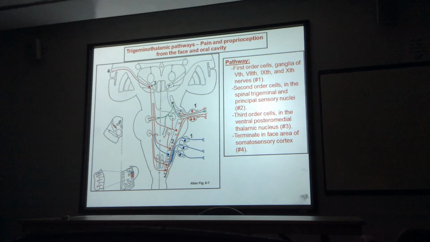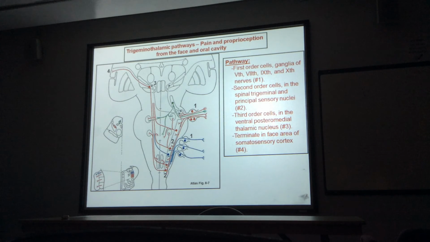Because remember, those 3 cranial nerves plus 5 give rise to fibers conveying stuff related to the oral cavity, which is going to be taste and some general visceral sensation, or the surface of the face.